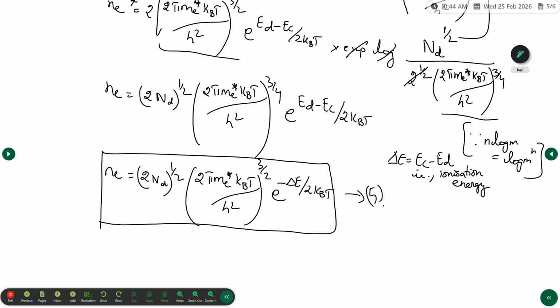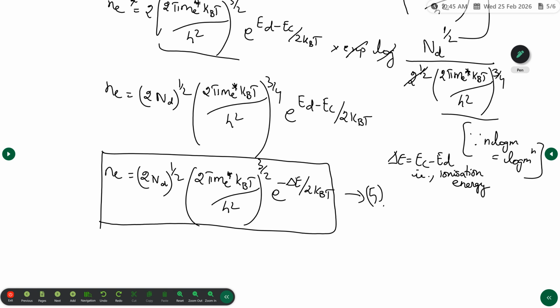So let me summarize this. First we have to take the energy level diagram for the n-type semiconductor. Then you have to equate the charge carriers present in two energy levels, one in the conduction band and another in the donor energy, so NE equals NH. In the case of the donor energy level we are considering the ionized donors, which means the holes.